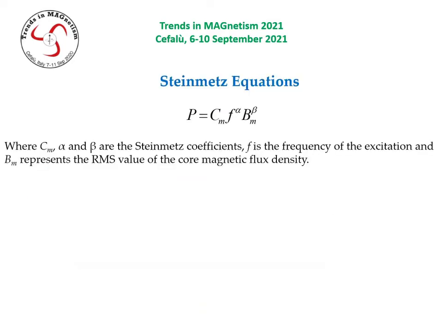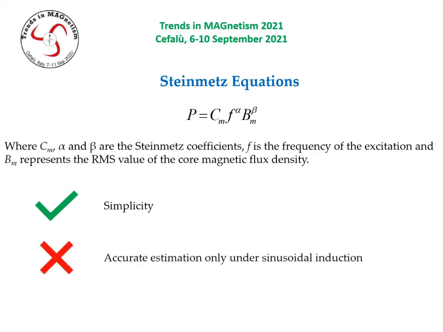So the first technique that we take into account in this paper is the Steinmetz equation. This is the well-known equation, which has as its main advantage its simplicity. So it's very easy to carry out core loss estimation, but at the same time, this equation works only under sinusoidal and uniform induction.